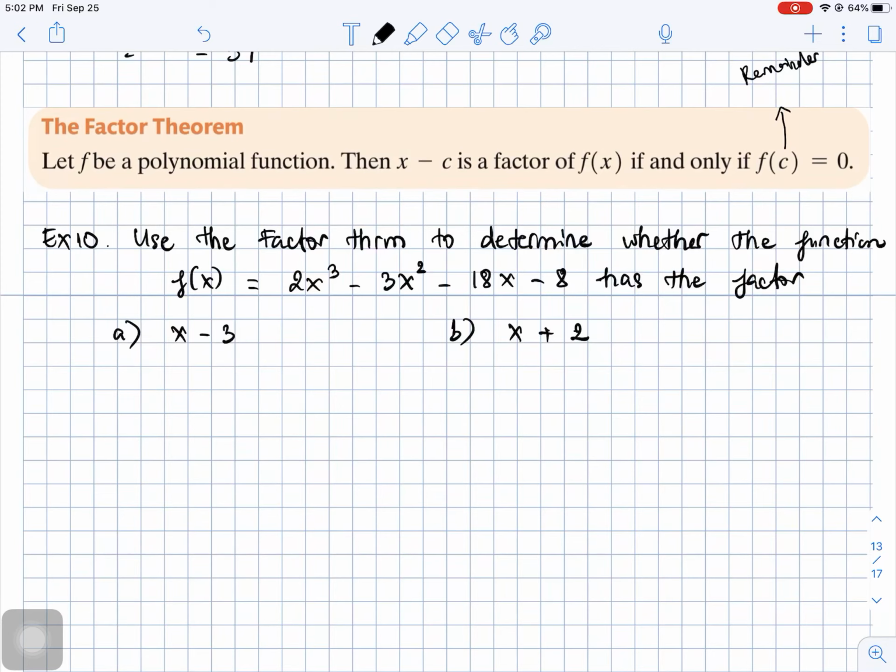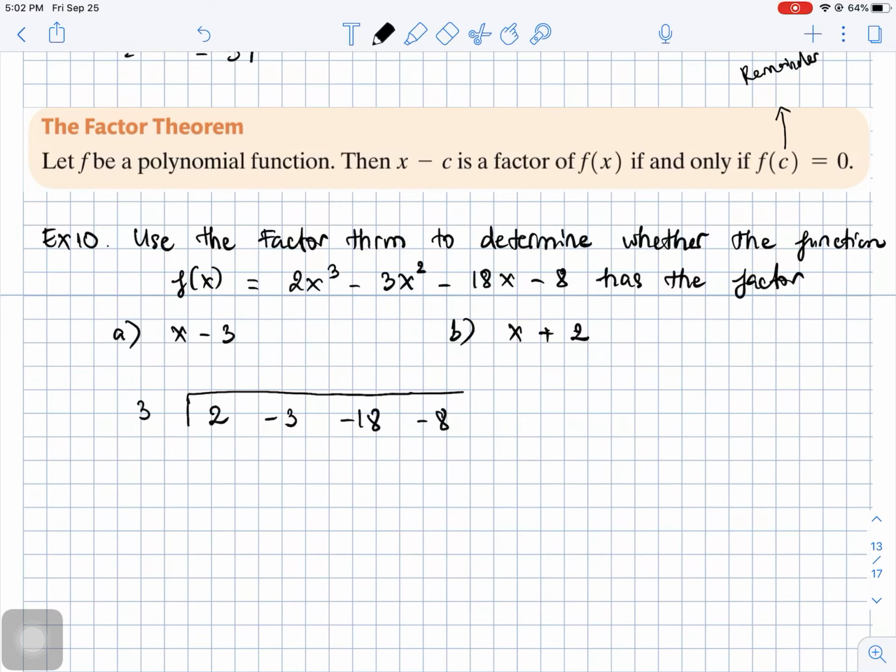In order to see if x minus 3 or x plus 2 is a factor of the function f of x, what we need to do is find the remainder using division.